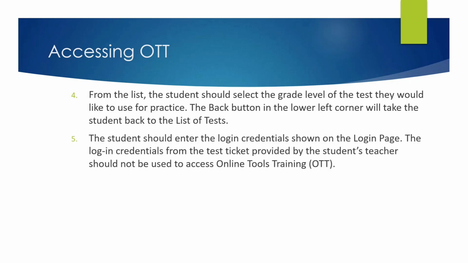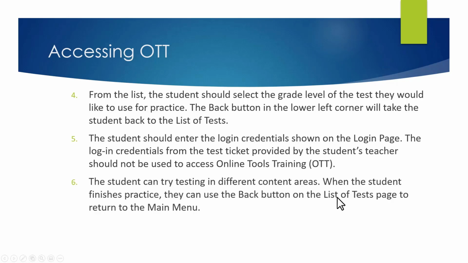Number 5, the student should enter the login credentials shown on the login page. The login credentials provided by the teacher for the test ticket should not be used to access the online tools training. So those are 2 different credentials. The one that the teacher gives them for the test ticket does not go in the online tools training.